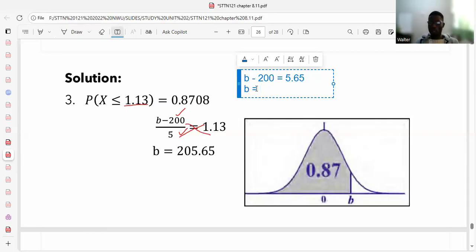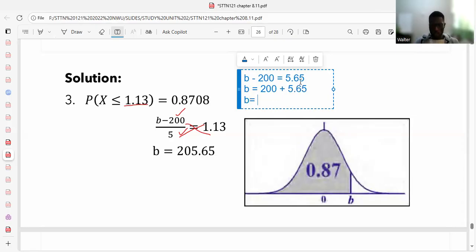So it's going to be 200 plus 5.65, because when you take this to this side, it's going to be positive. And you will get the value of b as what?